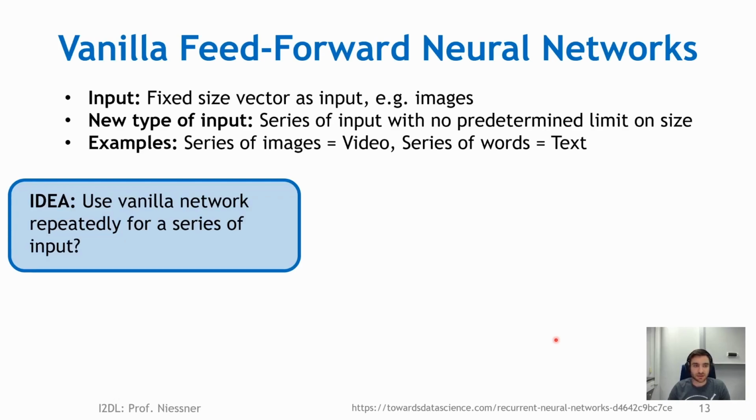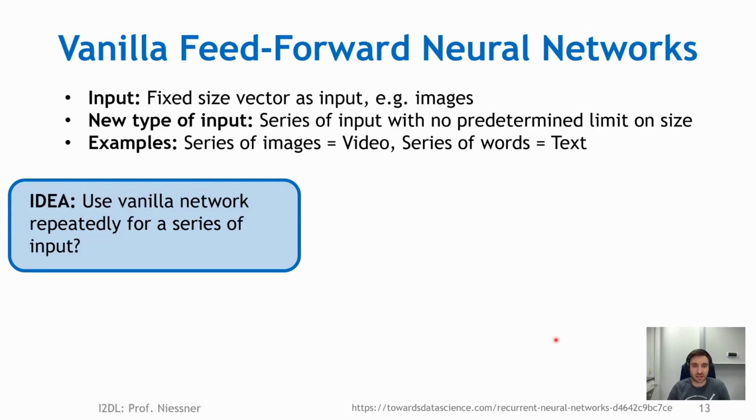But now we want to consider new types of input, and especially sequential data or like a series of input data. And the interesting thing here is that there's no predetermined limit on the input size, basically the length of the series.